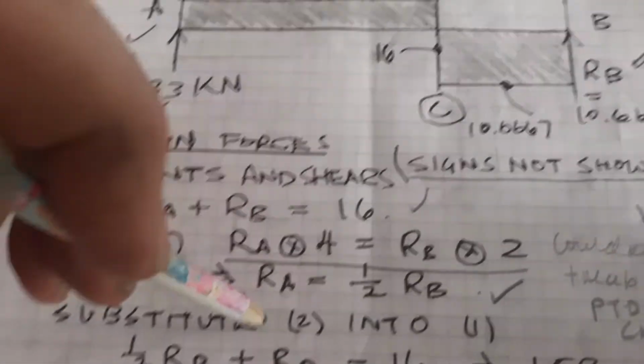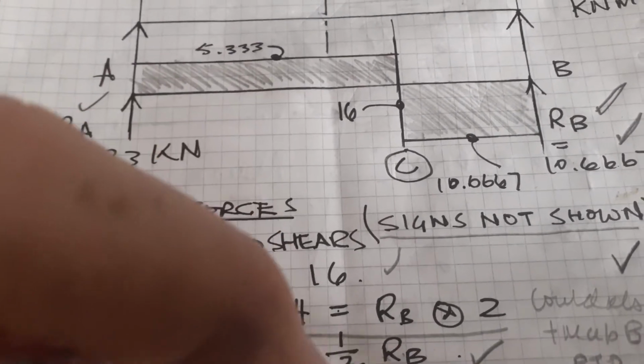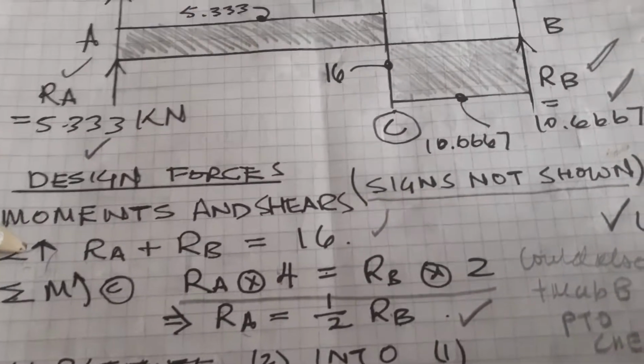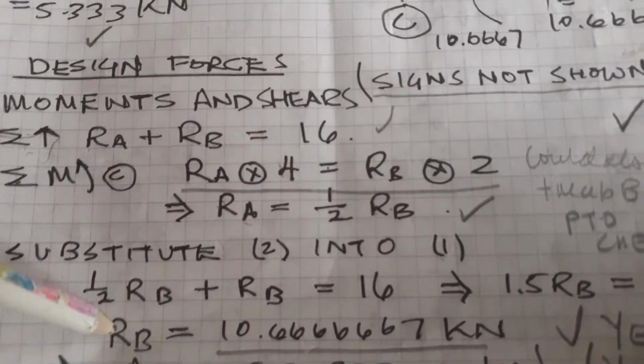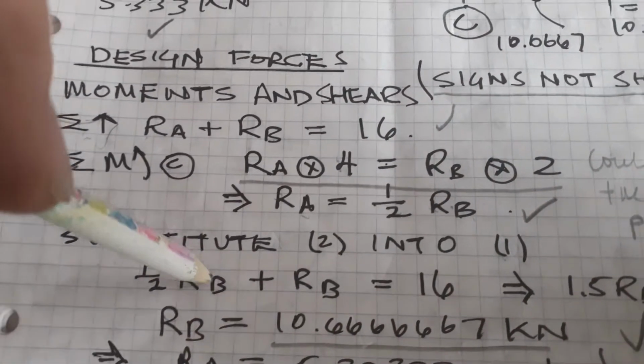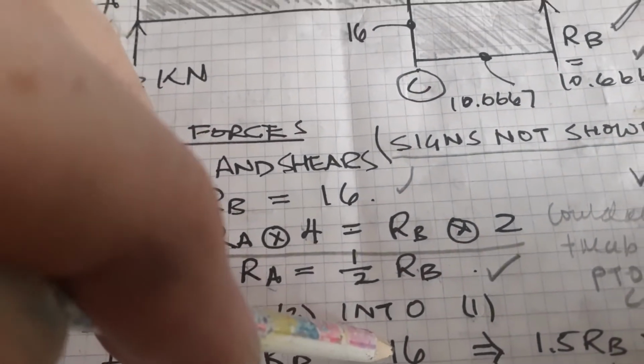Then we substitute that back into the vertical reaction equation, and we got half RB plus RB equals 16.